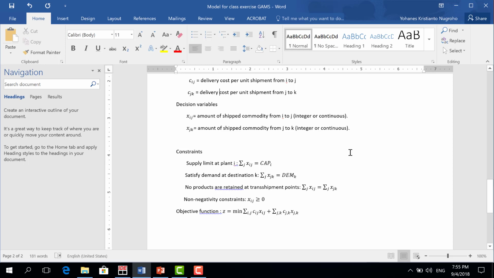And the second constraint, to satisfy the demand at final destination K. Here we have xjk, sigma j, equal to demand at final destination K. Why this sigma j? Because we allow the delivery to satisfy demand K by combining more than one transit point.